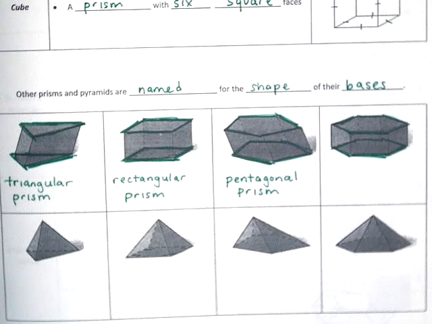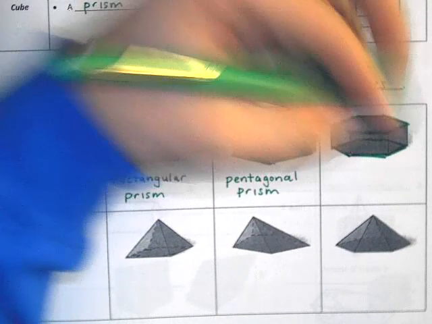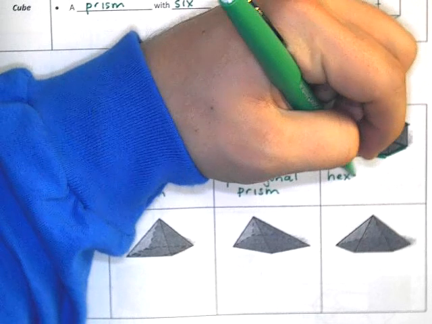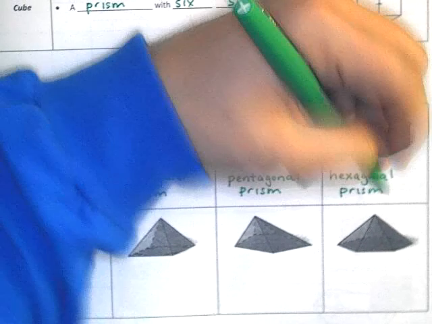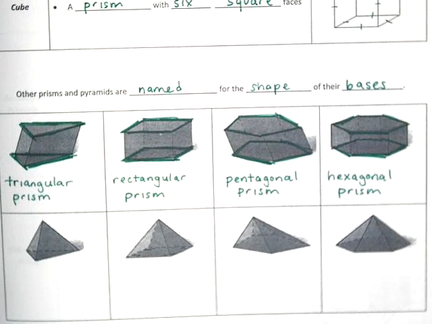So now that we have that, we already knew that this was a prism because there are two bases. We just have to name it using the shape of the base. Well, both of the bases are hexagons, so this is a hexagonal prism. Awesome.